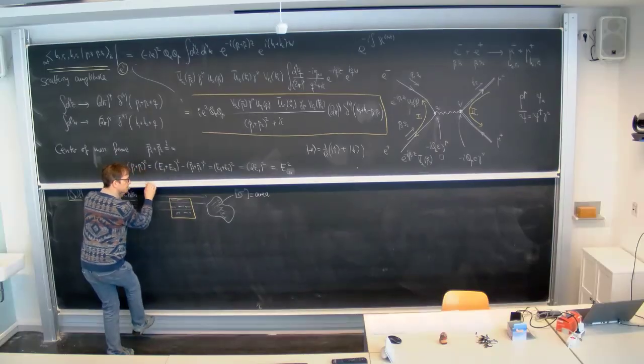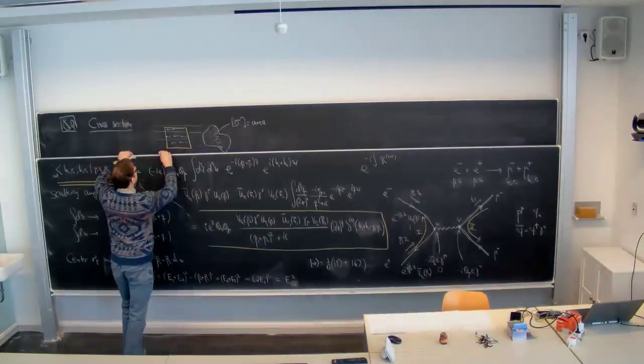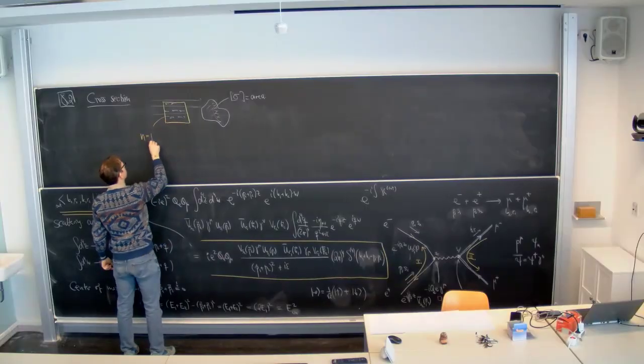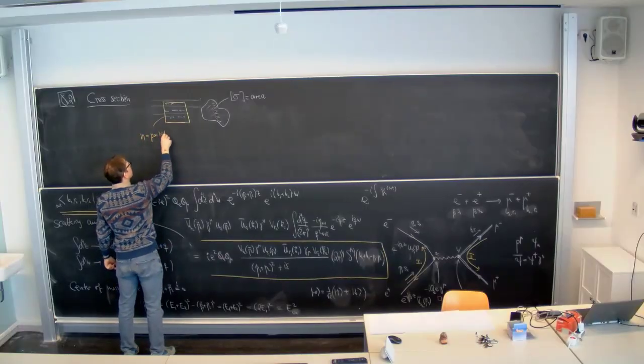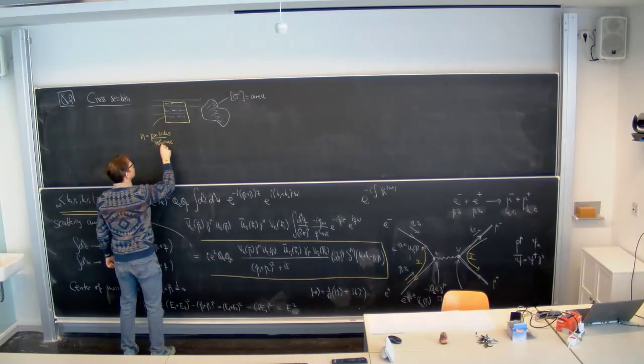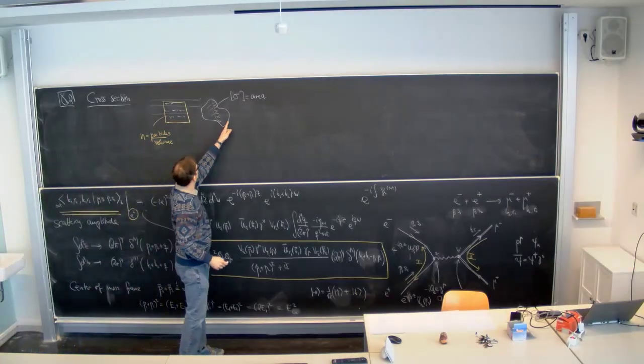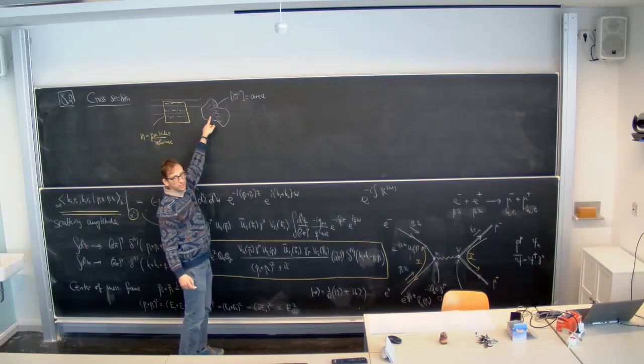So my particle density n is particles per volume, and I want to know how many of them will be deflected.